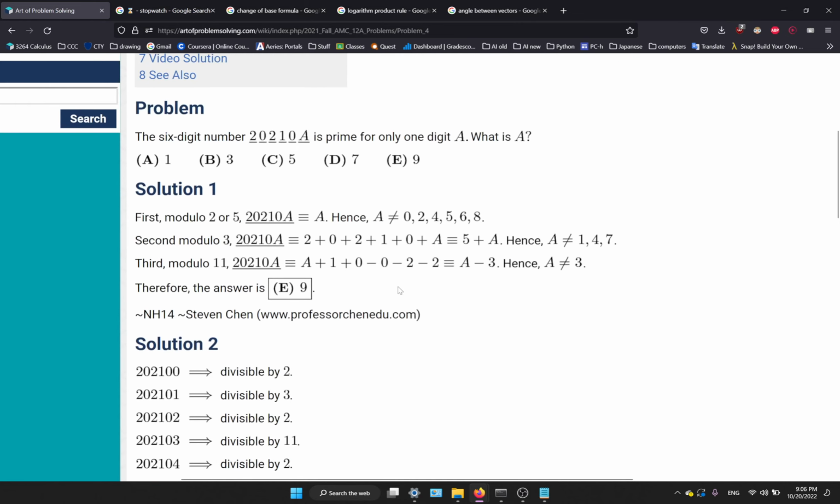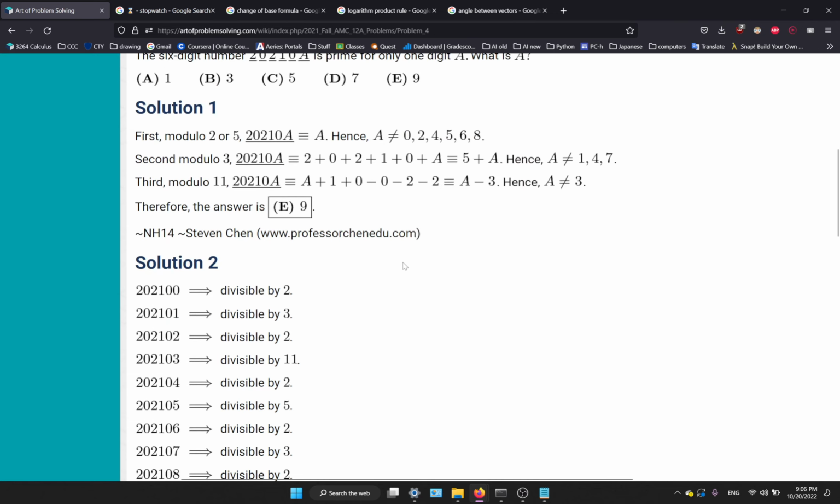What? Congruent to A. Congruent to 5 plus A. Hence. What does this mean?